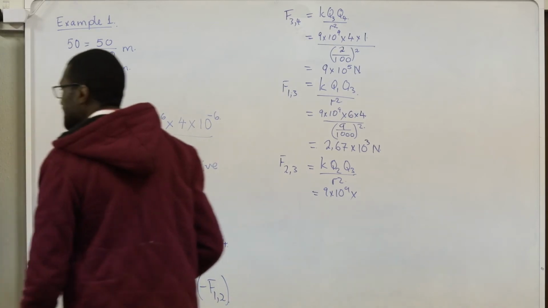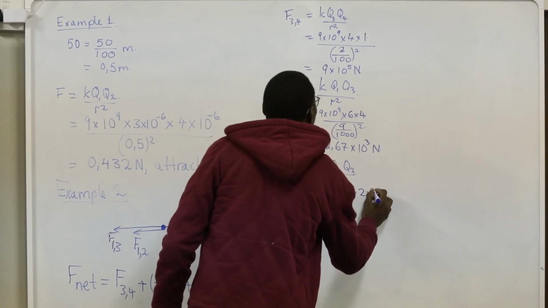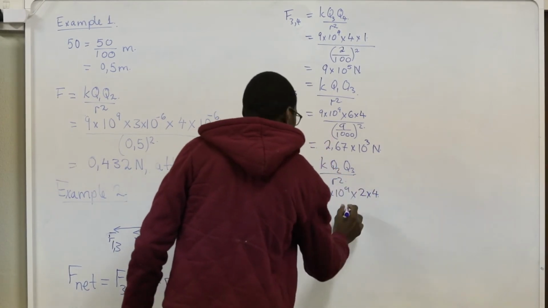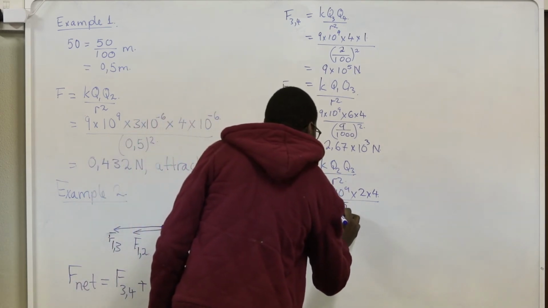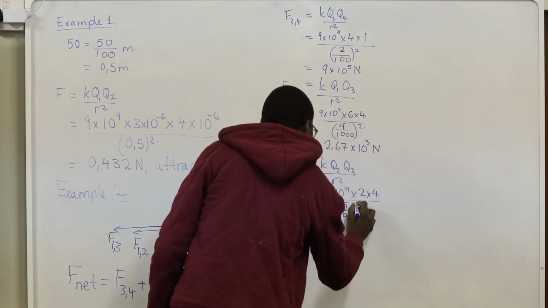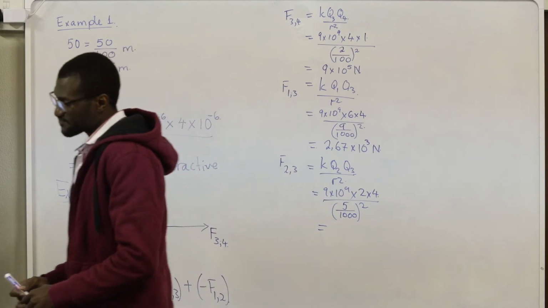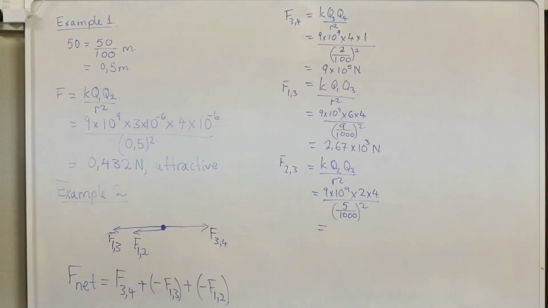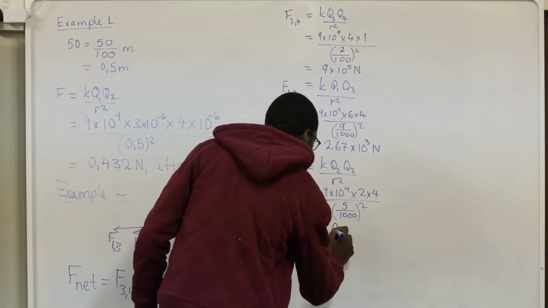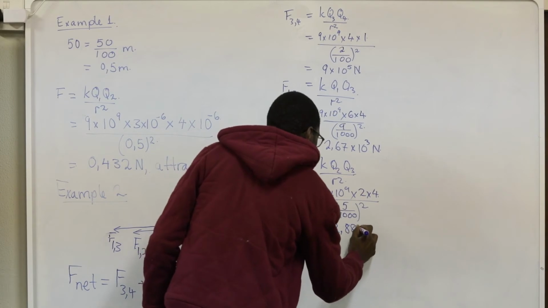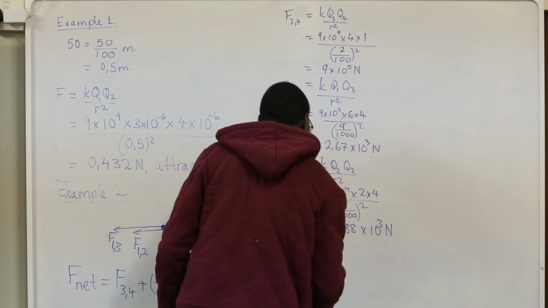Q2 is 2, and the distance is 5 millimeters. 2 times 4 over 5 millimeters into meters, divided again by 1,000, all squared, and our answer is equivalent to 2.88 times 10 to the power of 3 newtons.